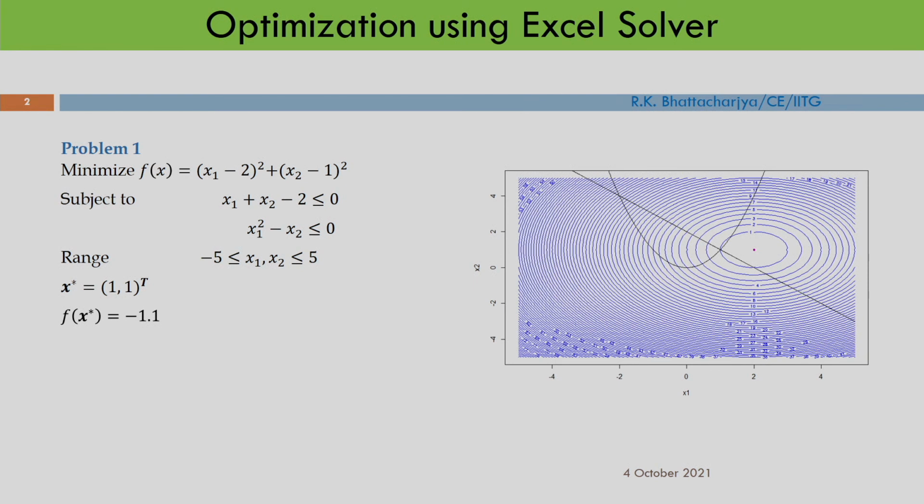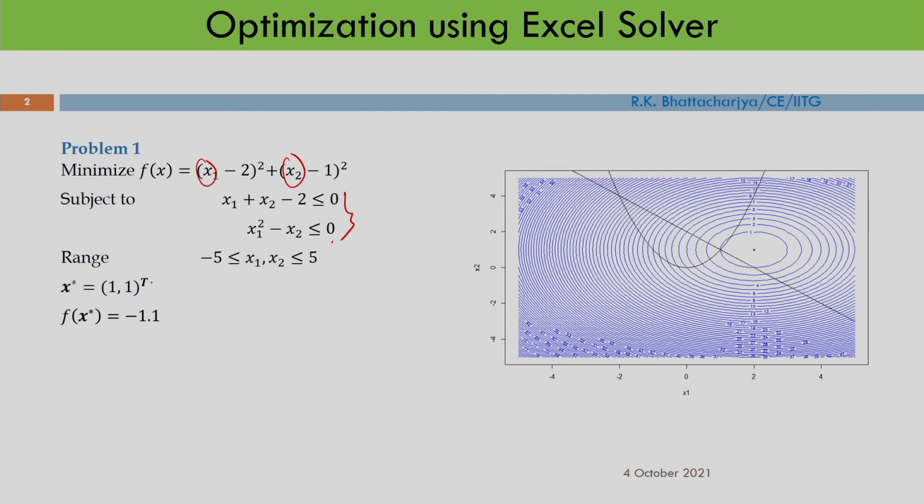So this is the first problem I will consider. This is a two variable problem. We have x1 and x2, and there are two constraints in this particular problem. The first constraint is a linear constraint and the second one is a nonlinear constraint.